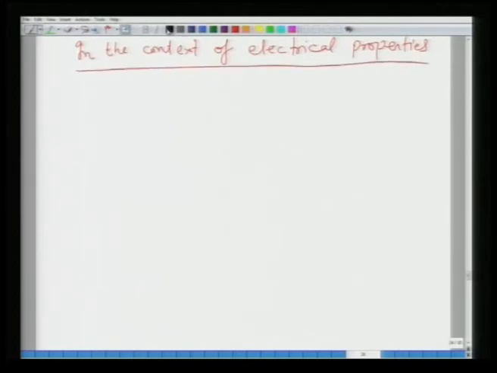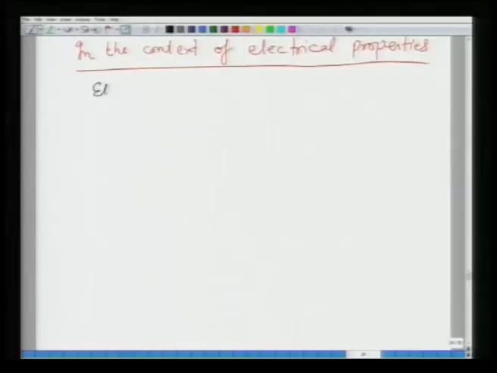Okay. So, when we talk in the context of electrical properties, we have to define the force. What is the electrical force? We have so far defined that diffusion is taking place because of a chemical potential gradient.